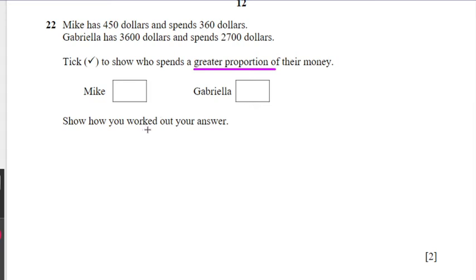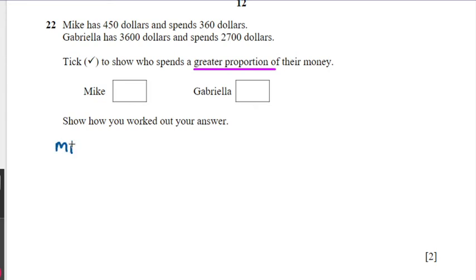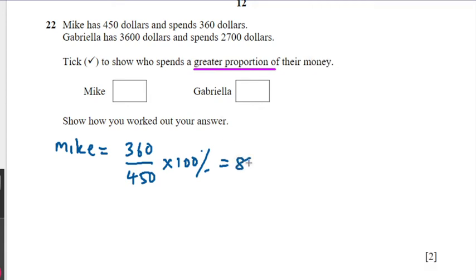So we find how much Mike spent. Mike spent 360 over 450 times 100%. So let's see how many percent. So we press 360 over 450 and then times 100. So you get 80%. Wow. Okay, 80%, that's a lot. And then how about Gabriela here?